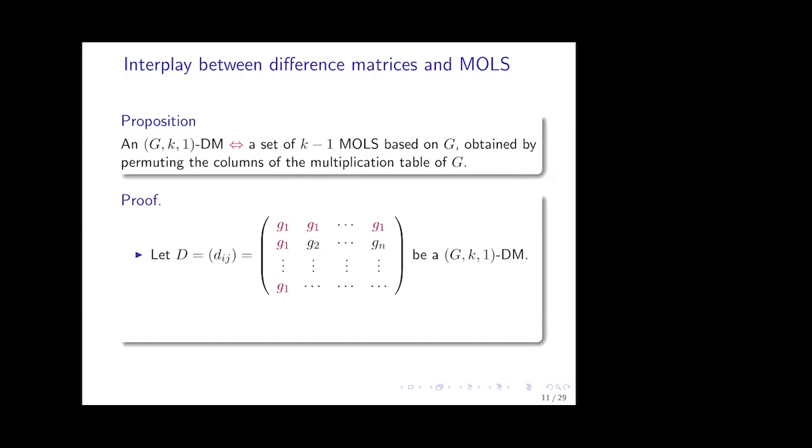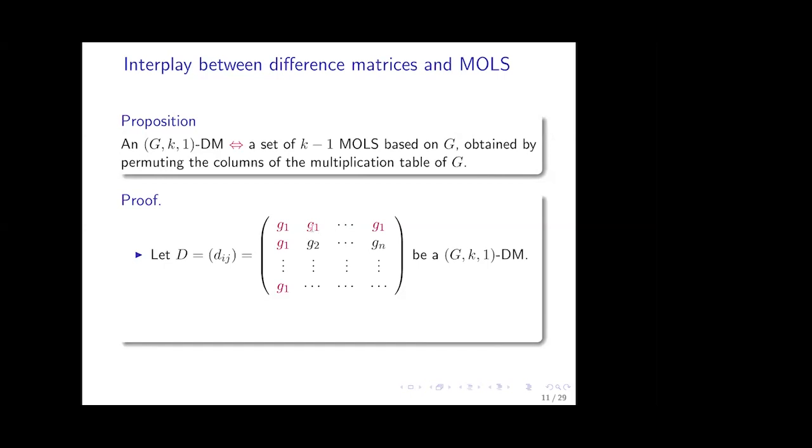Here we just see how to prove this proposition from left to right. First, let D be a G,k,1 difference matrix. Without loss of generality, the first row of this matrix can always be written as the identity of the group.